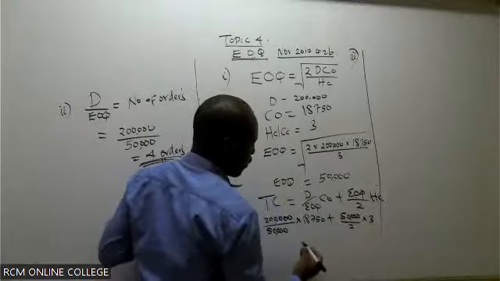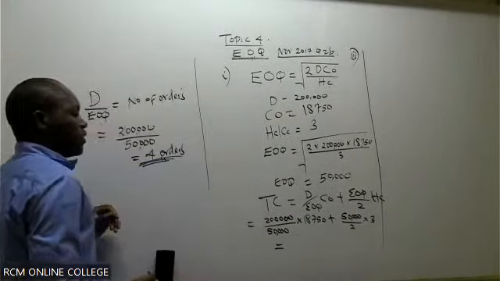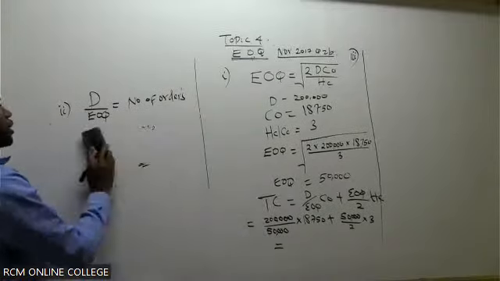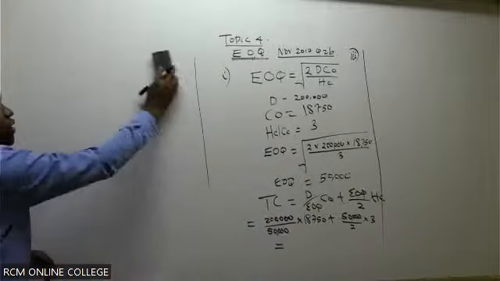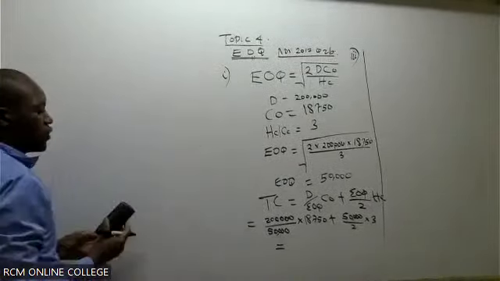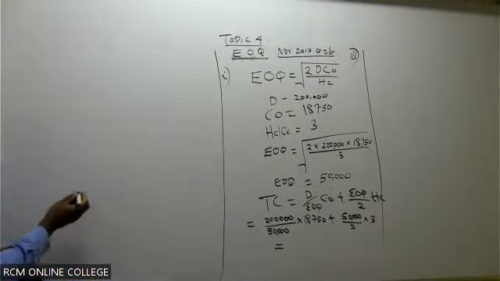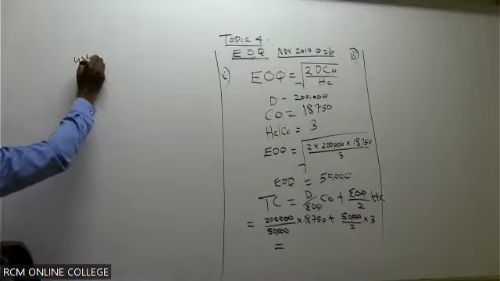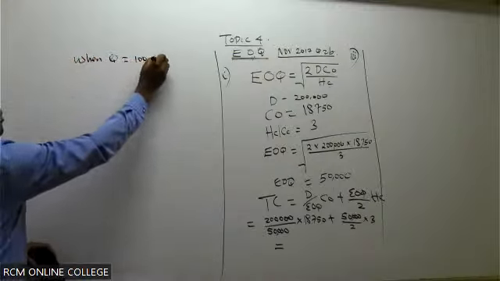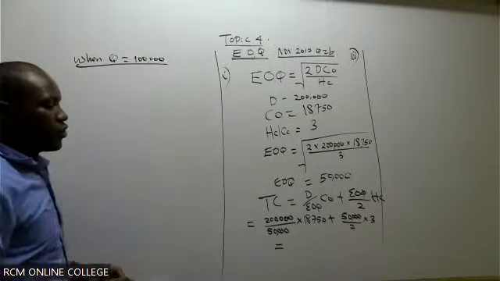I want you to go ahead and give me the result here. Remember that we are dealing with economic order quantity, so go ahead and give me the total cost incurred there.